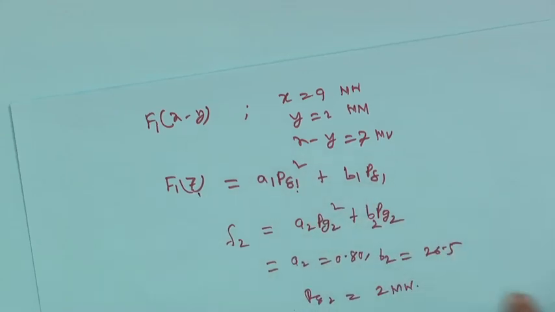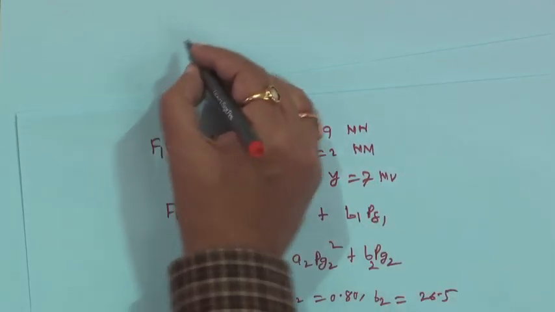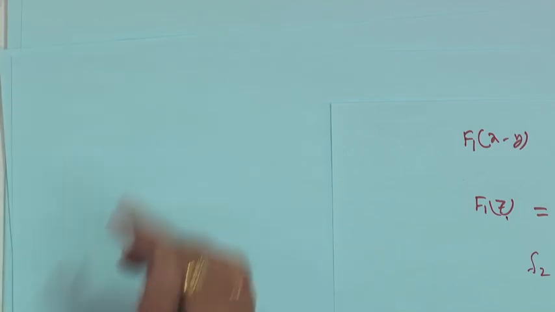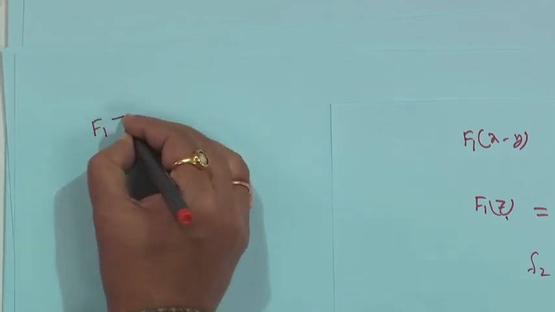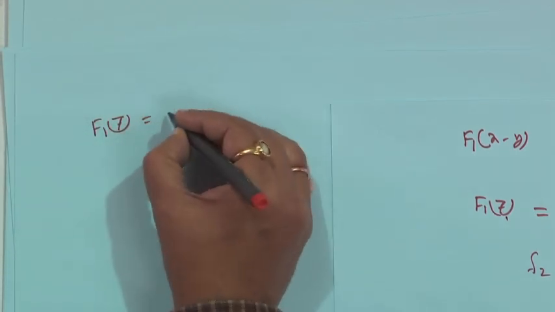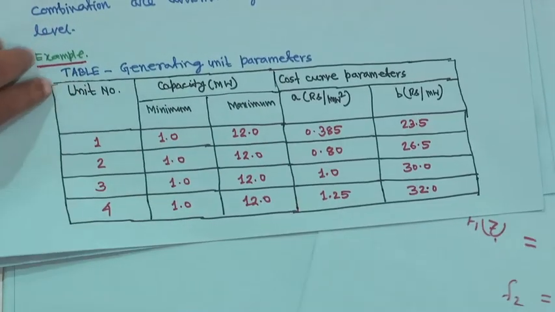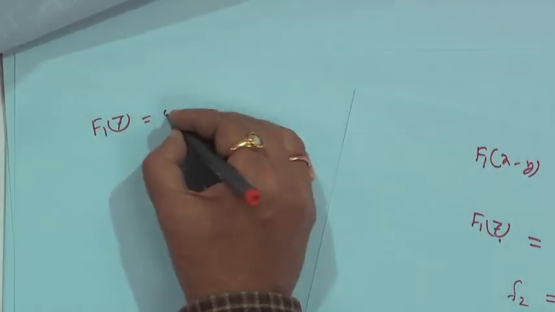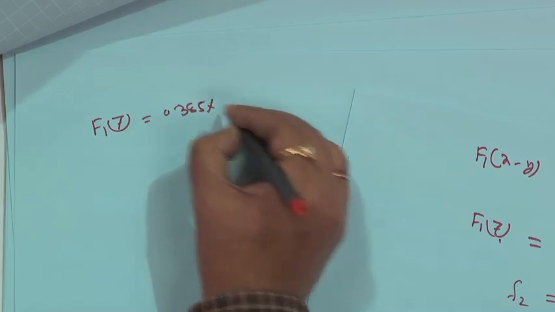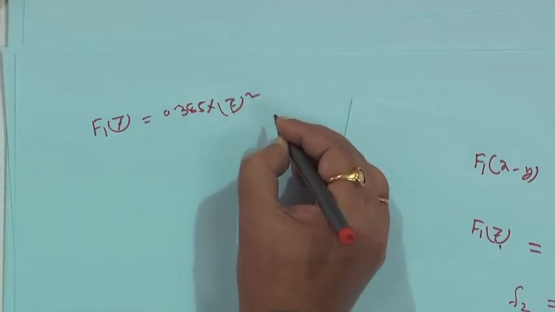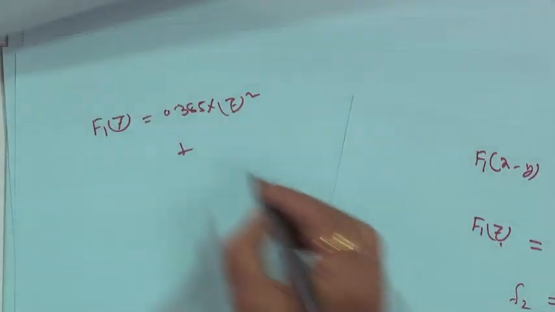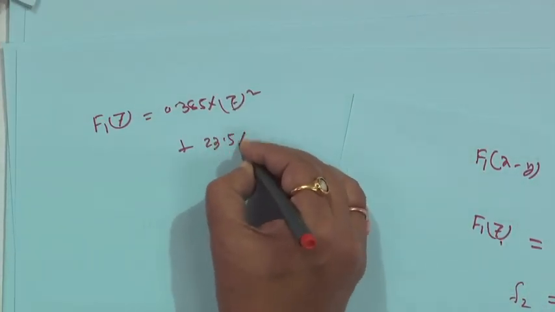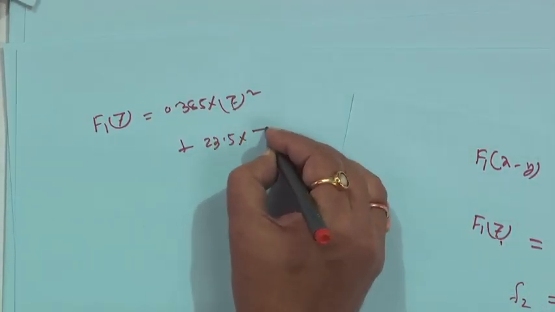We have already computed a1 as 0.385, so 0.385 into 7 square plus b1, which is 23.5, into 7.